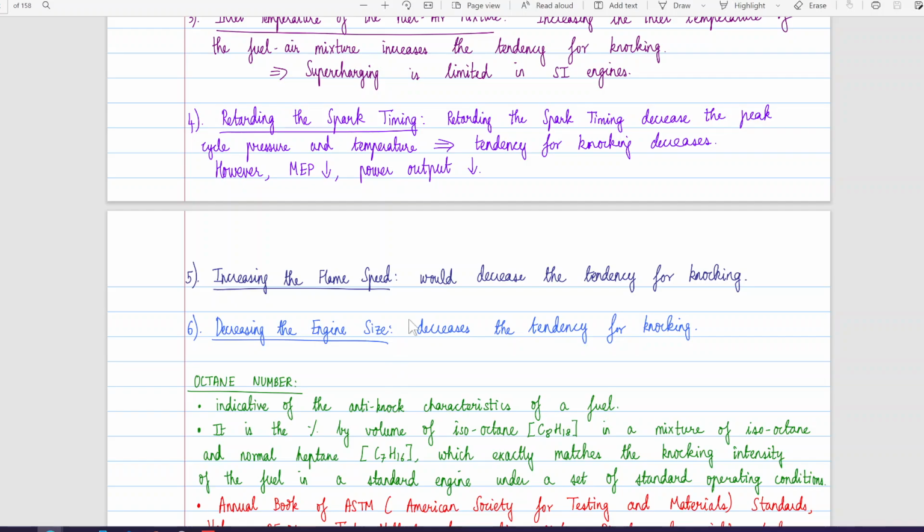Increasing the flame speed would decrease the tendency of knocking, and decreasing the engine size would decrease it. But in such a case, we are looking at conflicting requirements. On one side we are asking for more power, and on the other side we are saying let me also decrease the engine size. So these things need to be balanced.